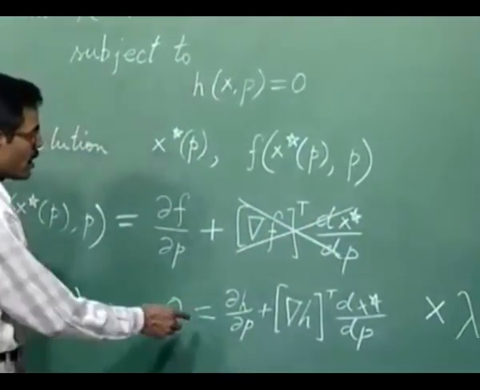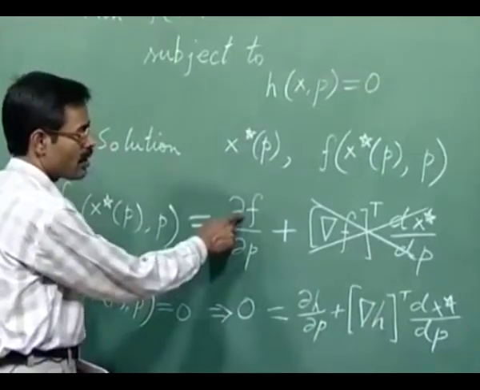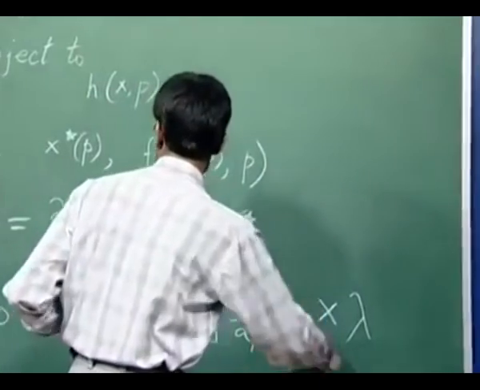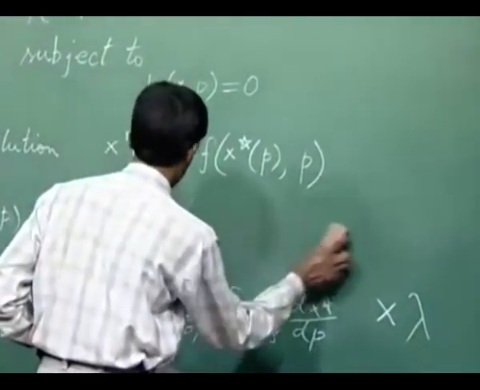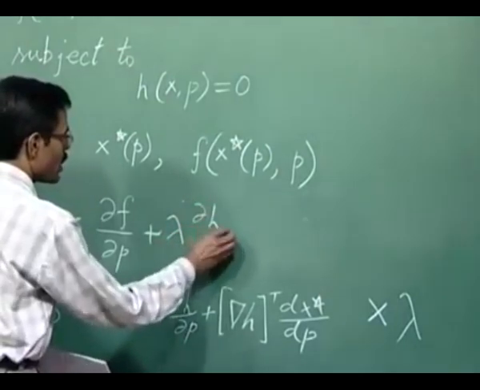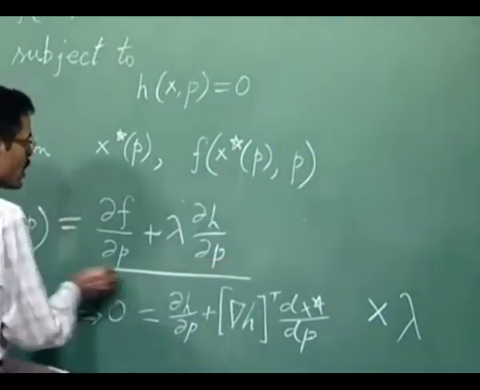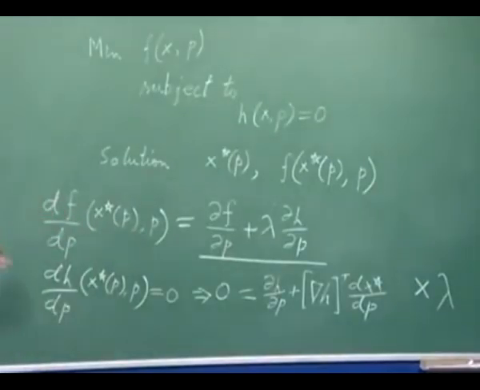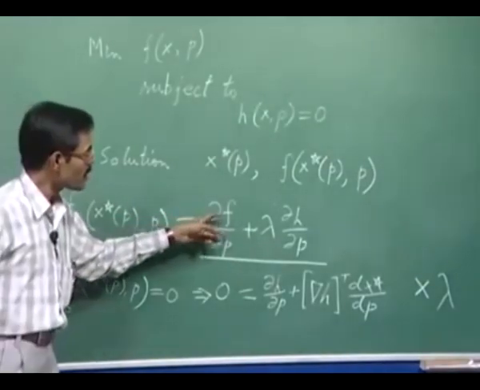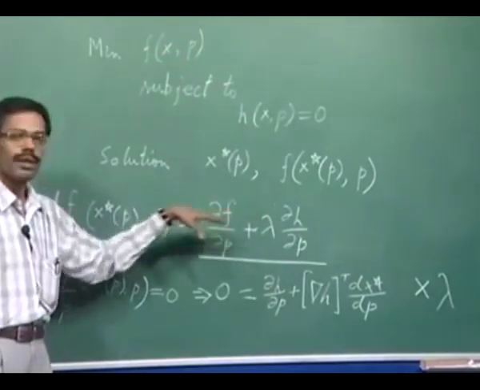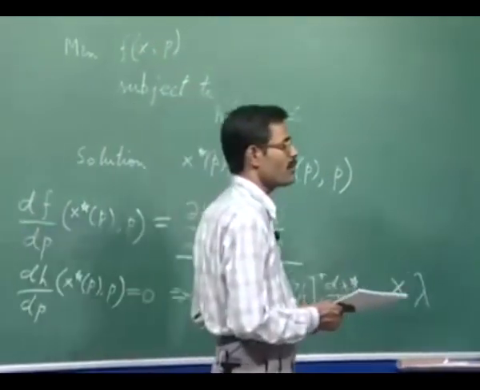And lambda times this added to this will make it grad f plus lambda grad h, that is del f by del p plus lambda del h by del p. So, here you find that analyzing the sensitivity is actually not that difficult. So, you can construct these partial derivatives from the given functions and analyze the sensitivity of the solution to the parameter p.